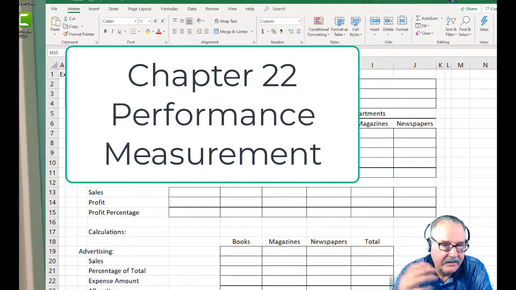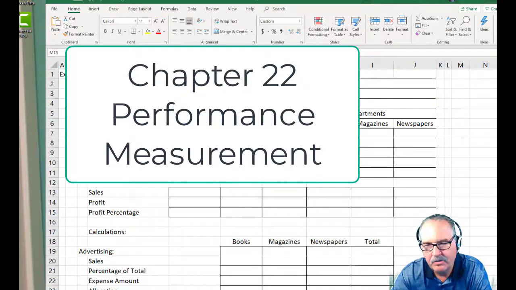If you take an example of a department store like Nordstrom's, it has a bunch of different departments: men's shoes, women's handbags, jewelry, cosmetics. Each one of those departments is a profit center within that particular store.